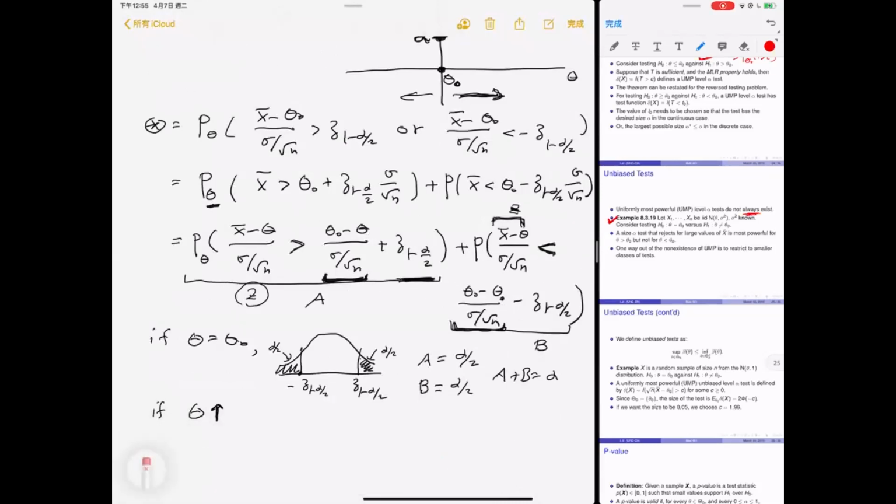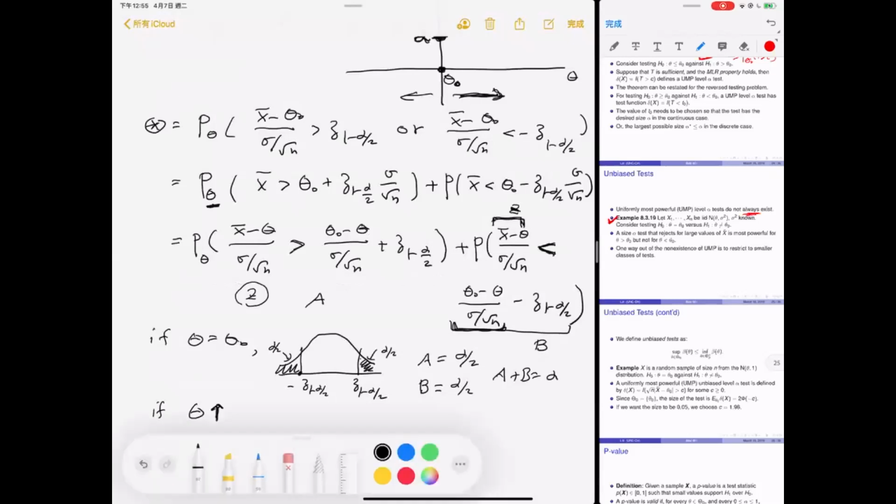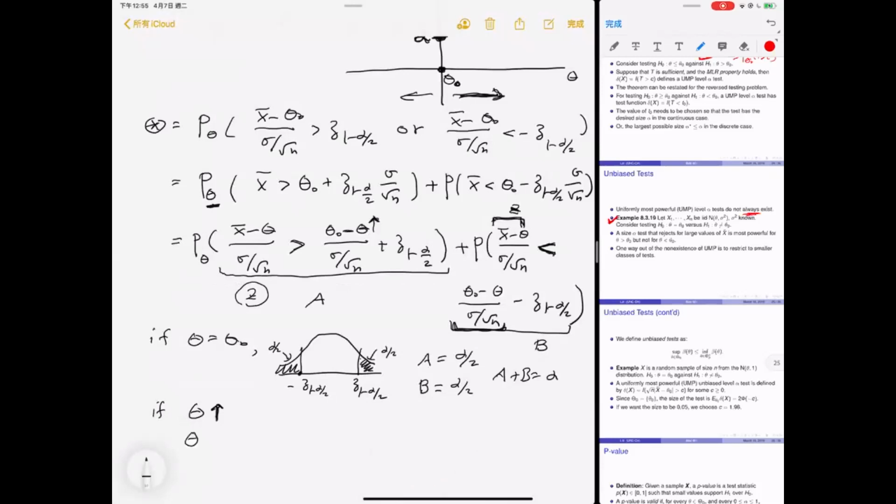Look at A first right here. Imagine your theta is going up. You've got a minus term right here. That means when theta goes to infinity, this minus theta makes the first term go to minus infinity. Making sense?